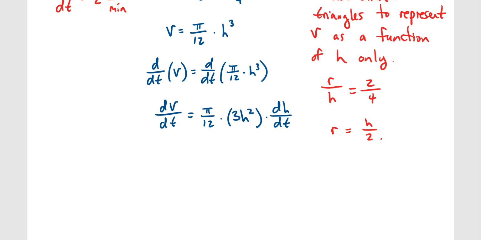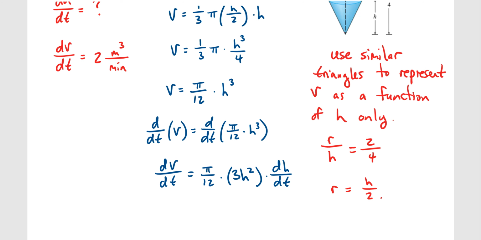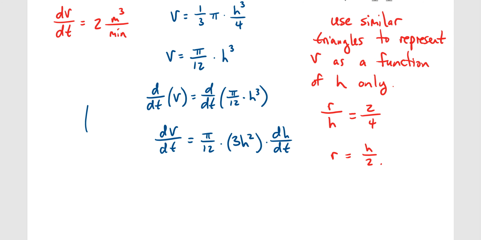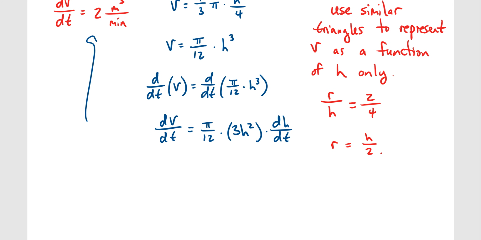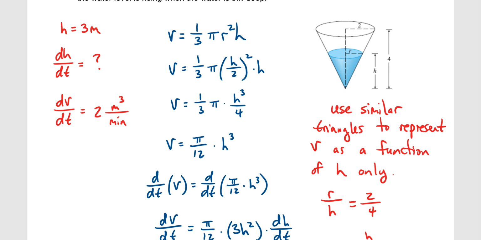And now we can start plugging in our values. So we can see that dV/dt is going to be 2. So that's 2 equals, and what I'm going to do is simplify 3 over 12 to 1 over 4. And then we plug in our H, which is 3, and we're looking for dH/dt.